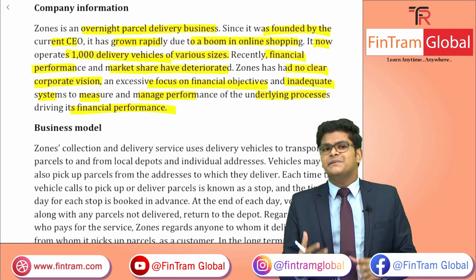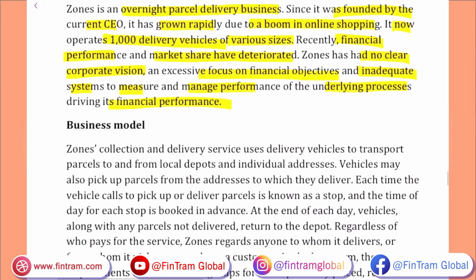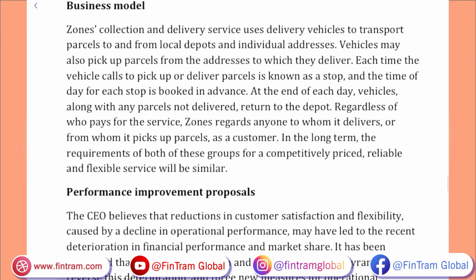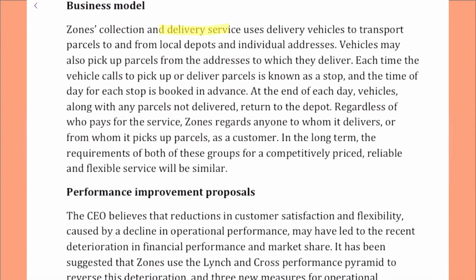And what about the business model? Let's take a look at that, shall we? Zones' collection and delivery service uses delivery vehicles to transport parcels to and from local depots and individual addresses. Vehicles may also pick up parcels from the addresses to which they deliver. Each time the vehicle calls to pick up or deliver a parcel is known as a stop. The time of the day for each stop is booked in advance.